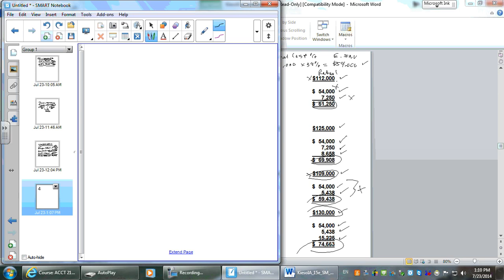Sit down a little, basically the income statement: sales, cost of goods sold, and gross profit. Calculating the inventory.